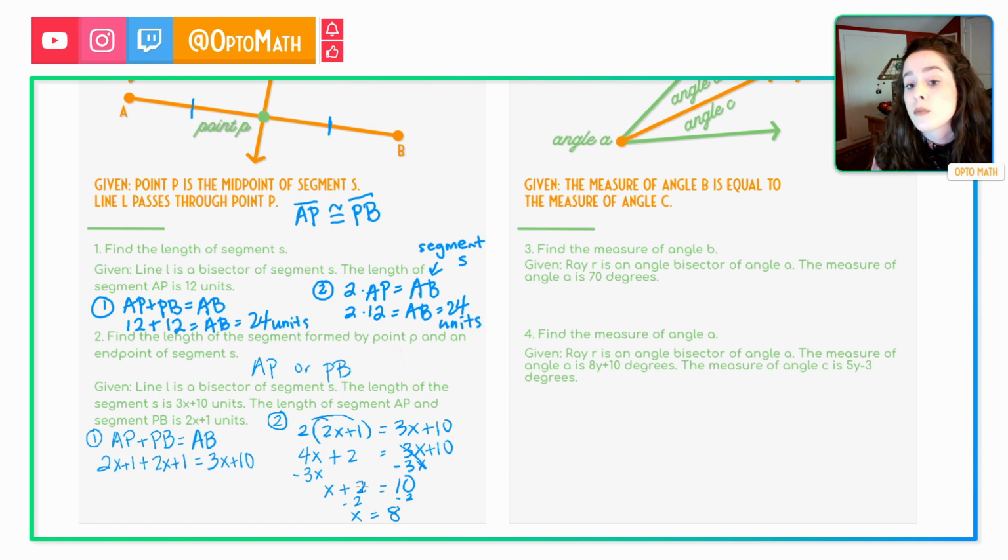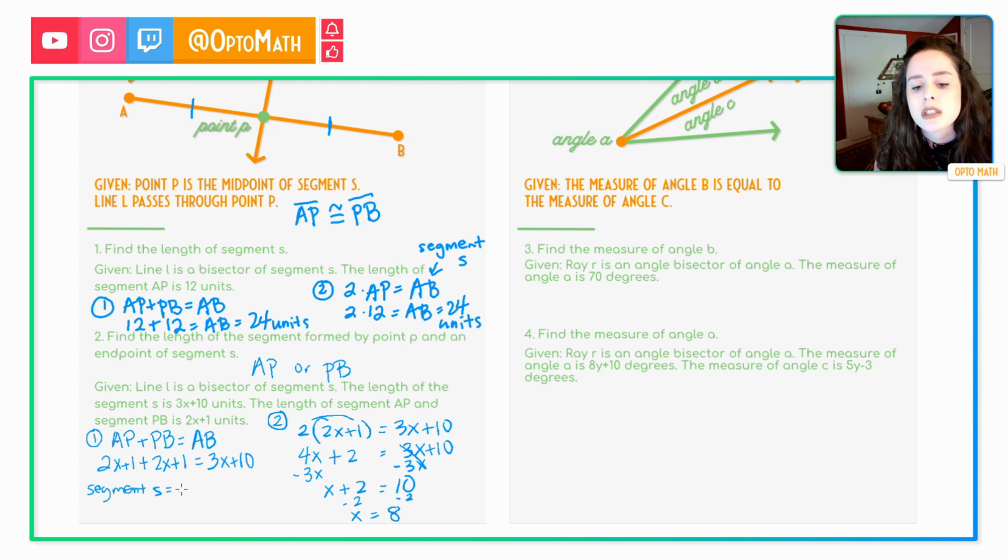Okay, so one more step. Let's come back over here. I know we're kind of going to a different part of the page, but that's okay. We want to find the segment S, which is also what we're calling AB. But I'll write it both ways.